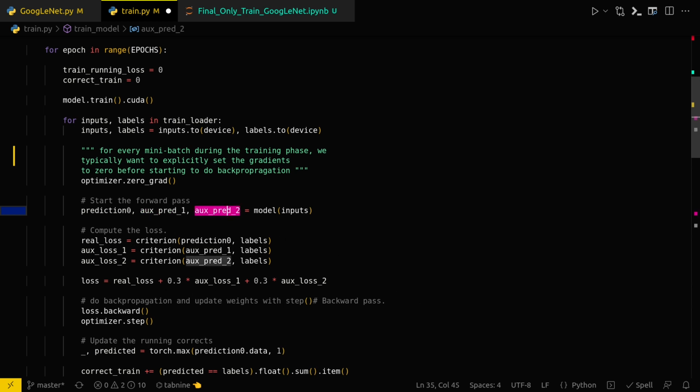Because I have these three variables for three different classes, I also need to calculate the losses for three of them: real loss, auxiliary loss 1, and auxiliary loss 2, by invoking my criterion.